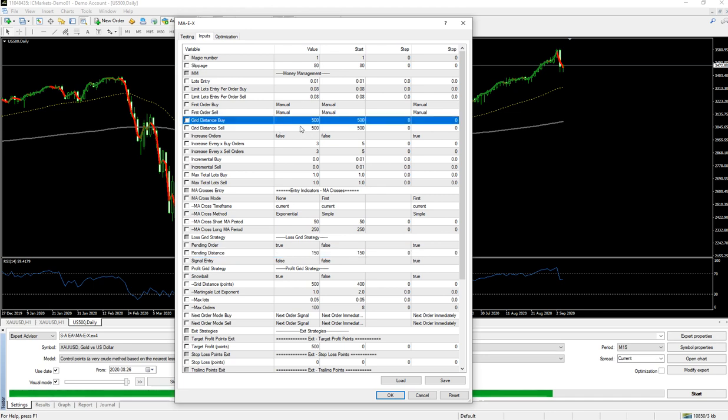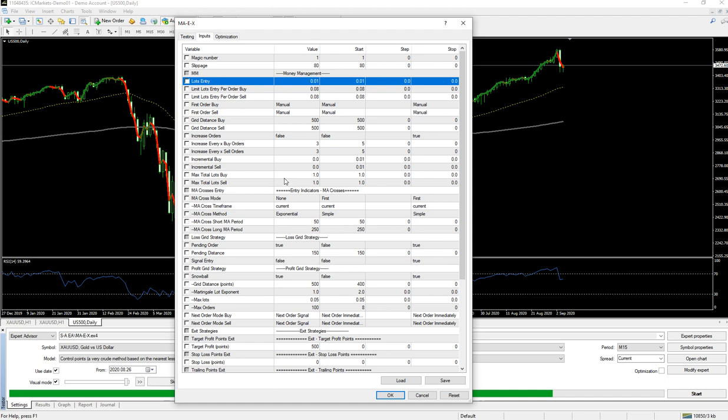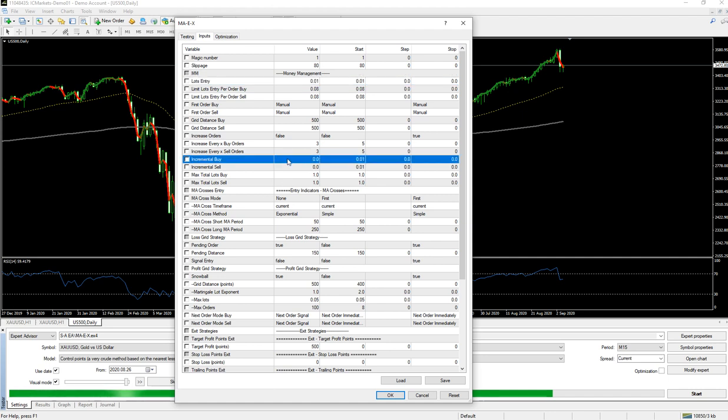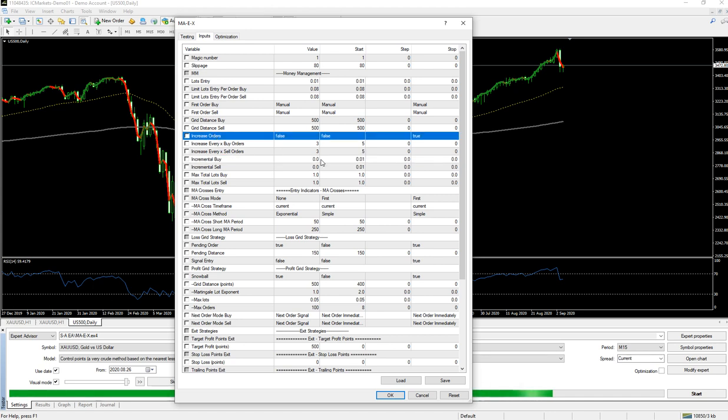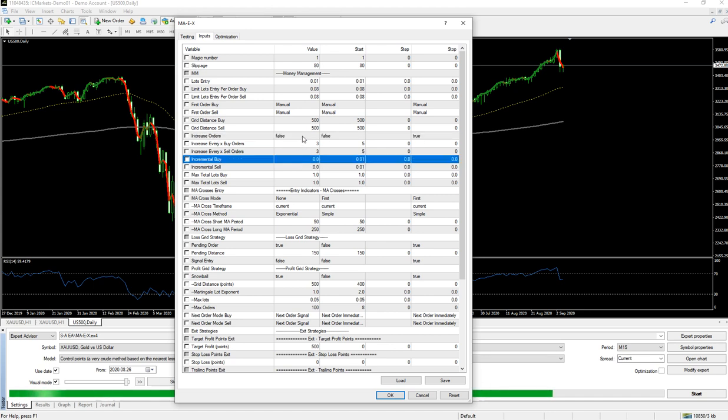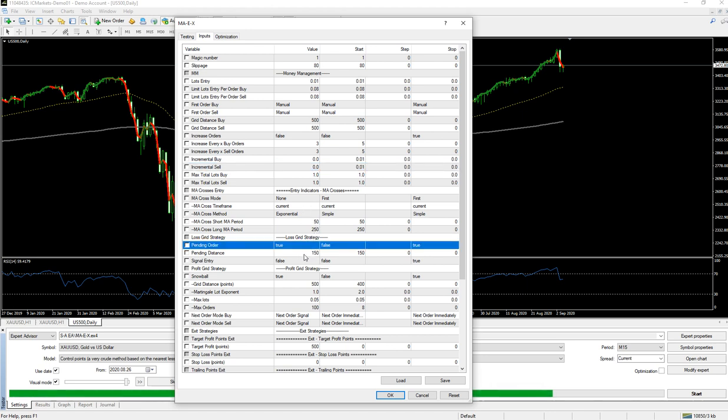You have the grid distance and the lots entry. I'm not using the martingale or the increase orders, so I'm setting this to false and the incremental orders to 0.